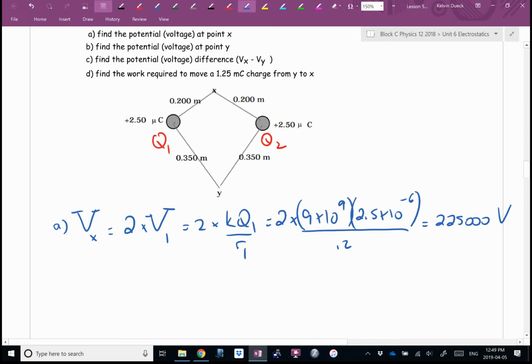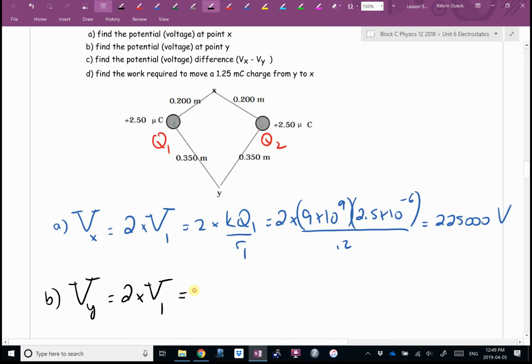Jacob, what does B want me to find? So we want to find the voltage or potential at location Y. That's going to be 2 times the voltage from charge 1, but at location Y. In fact, you might be able to just backspace, and I think all you need to change is the R value.